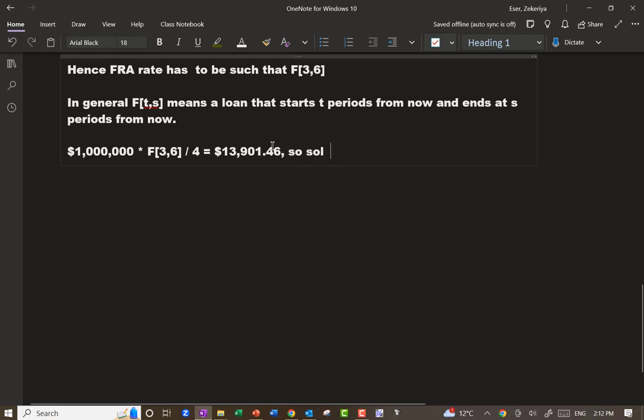So solving for the forward rate, and we'll do an Excel sheet for this, but for now, F36, I'm sorry, is going to be 4 times 13,901.46 divided by 1 million.